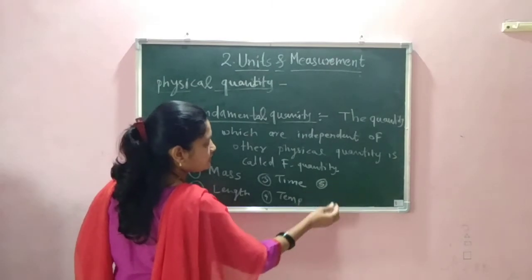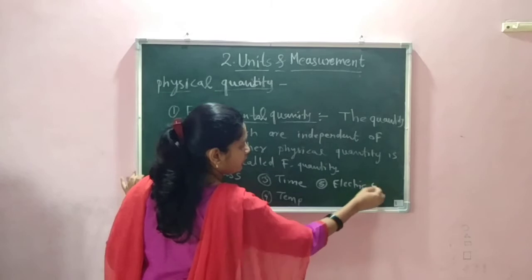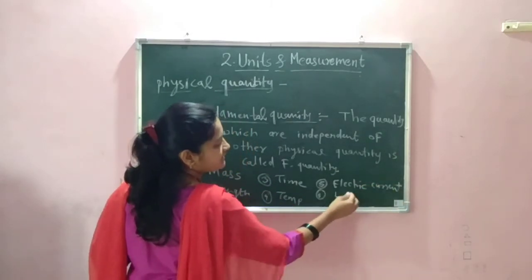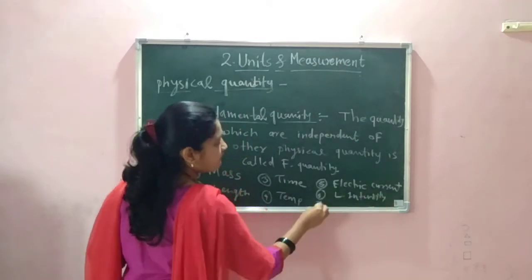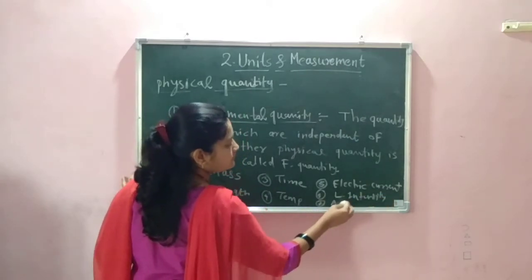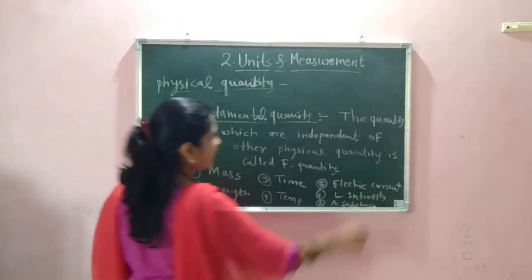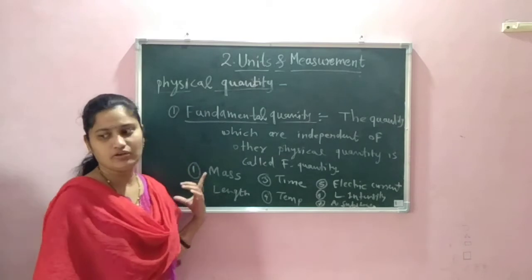Fifth, electric current. Sixth, luminous intensity. And seventh, amount of substance. So these 7 quantities are known as the base quantities. They are also called fundamental quantities.